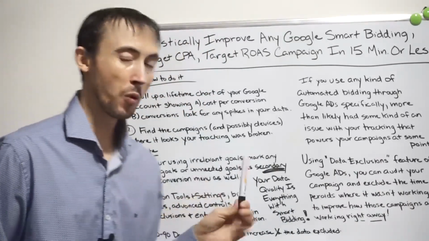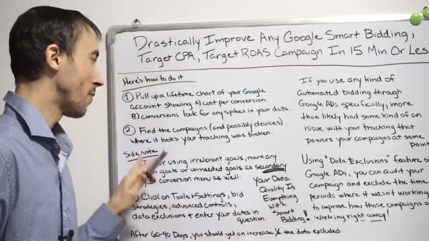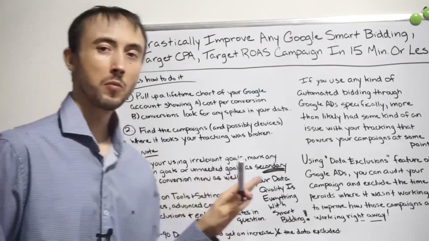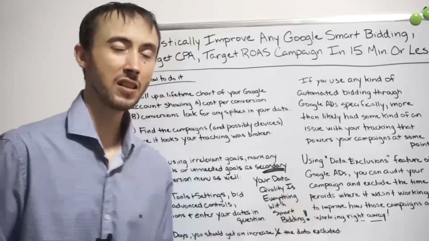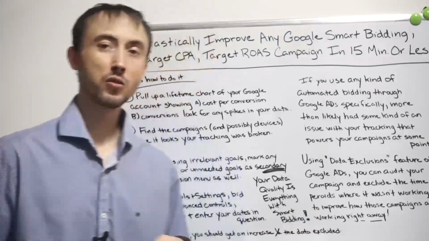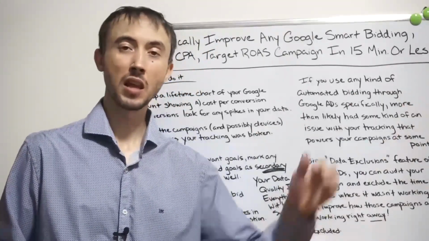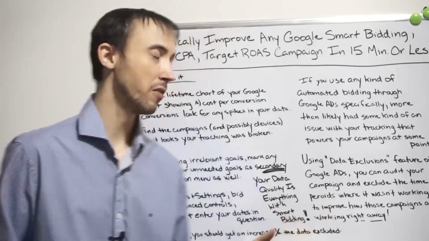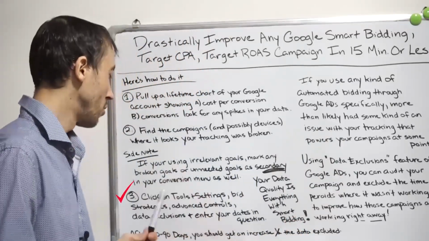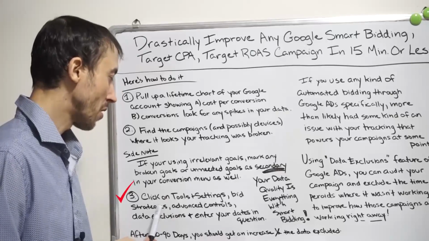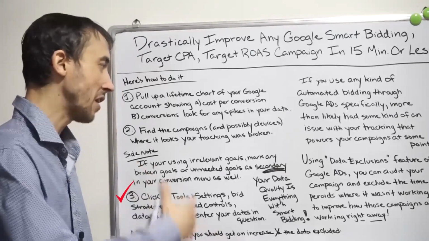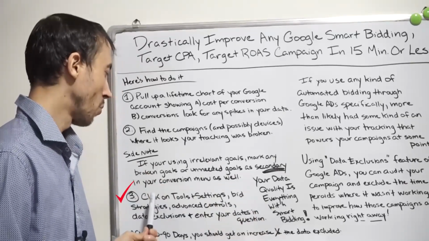But with that, if you notice there's a problem, your conversion tracking is not showing a consistent amount of conversions through the lifetime of running your account since you've set up the conversion tracking, okay, you will then capitalize on the data exclusions feature of Google Ads.